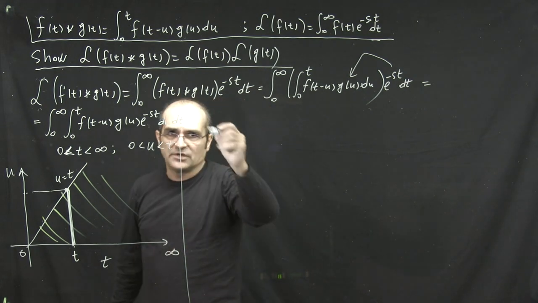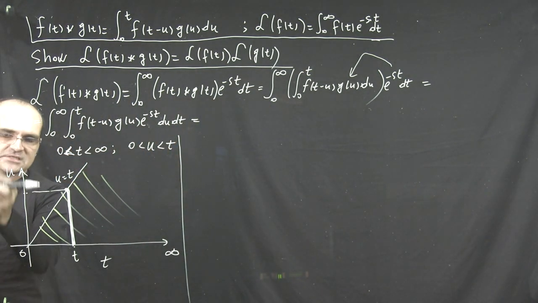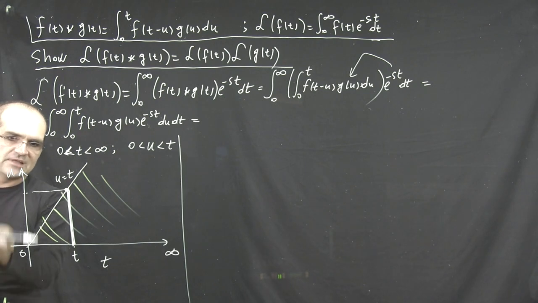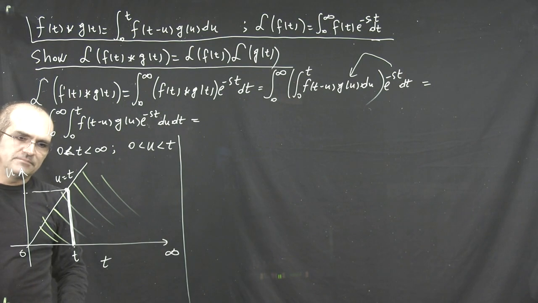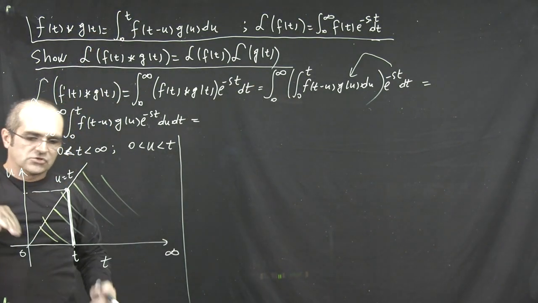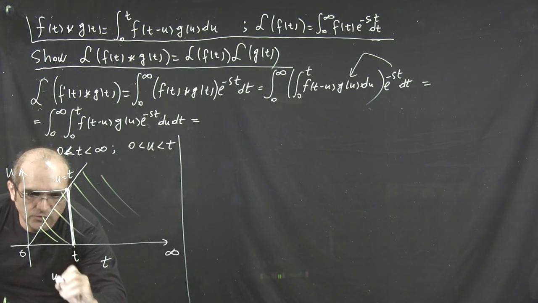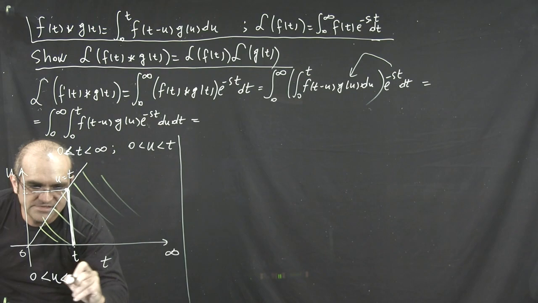So look carefully here. If the outermost integral is in terms of u, clearly u varies between 0 and infinity, because this area goes indefinitely upward like that. So the bounds of u go from 0 to infinity.